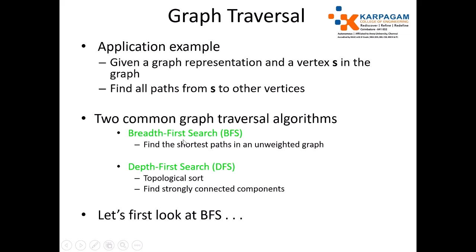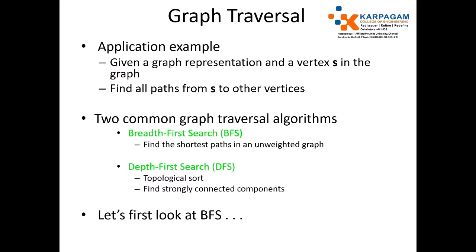For implementing breadth first search, we use the queue data structure. For depth first search, we use the stack data structure. Please remember: for BFS we use a queue, for DFS we use a stack.